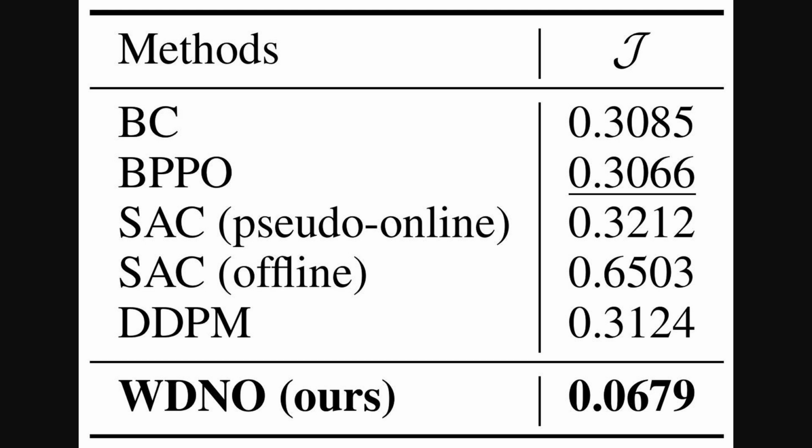Compare that to the other methods like BC, BPPO, and even the standard DDPM, which are all clustered around 0.3 or higher. WDNO is significantly better, achieving a much lower cost. This really demonstrates its advantage in handling these challenging high-dimensional control problems, finding much more effective solutions than the baselines.